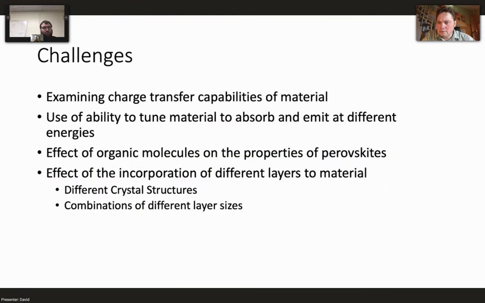So the challenges with this is that for photovoltaics, we need to examine the charge transfer capabilities of our material. If our charges don't separate, they're not going to create the current that we need to generate electricity.